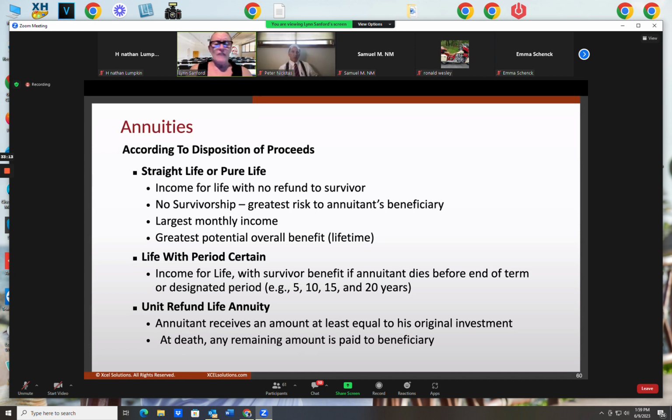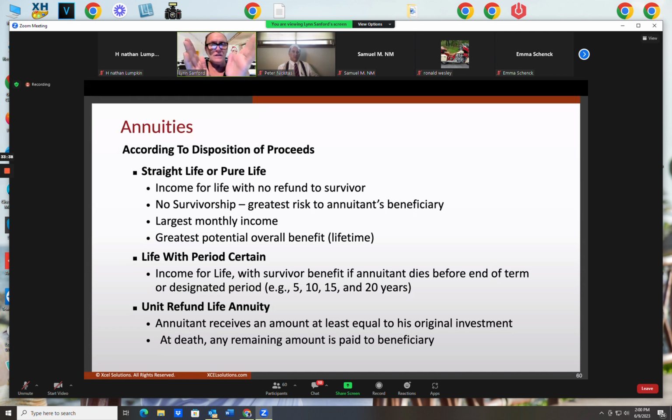You also have a life with period certain that has 2 components. The insurance company is guaranteeing paying it out over your lifetime, and also for a certain period of time to either you or to your beneficiary, until that period certain is satisfied. So life with period certain is 2 components. The insurance company is guaranteeing paying it out over the life of the annuitant, but for a certain period of time.